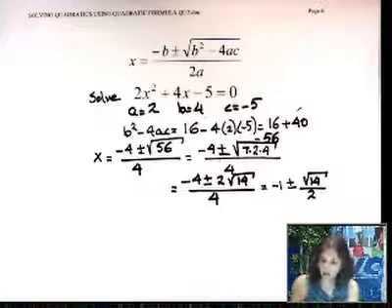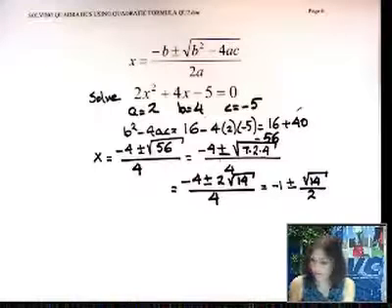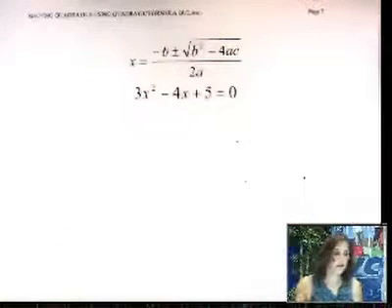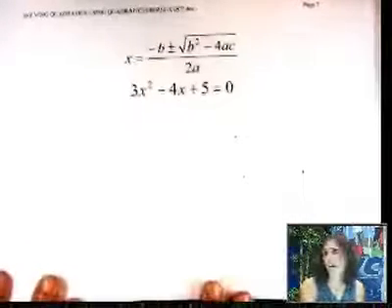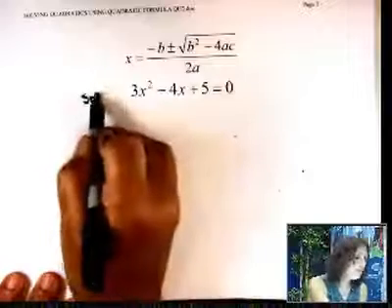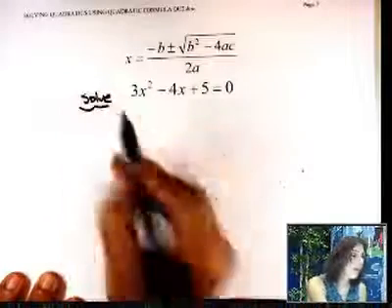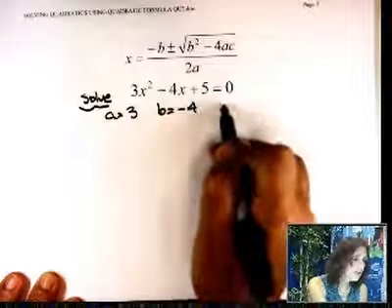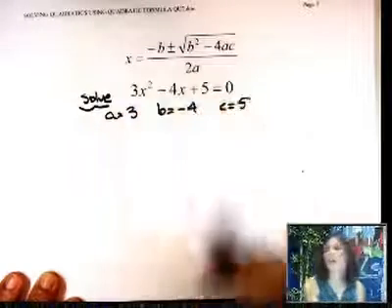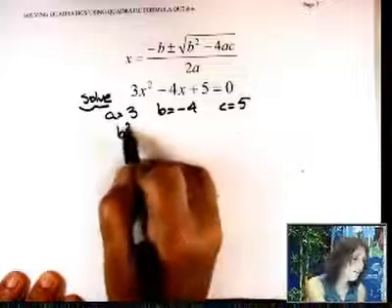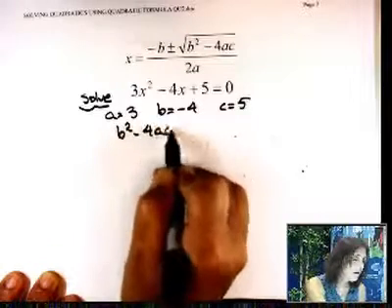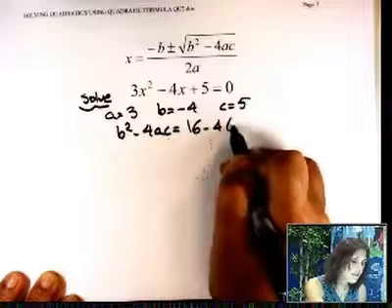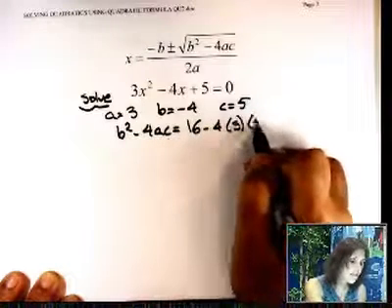Okay, well, I used the quadratic formula. Let's go and do another one. The question is solve. a is 3, b is negative 4, c is 5. Write down the discriminant. b squared is 16 minus 4, a is 3, c is 5.